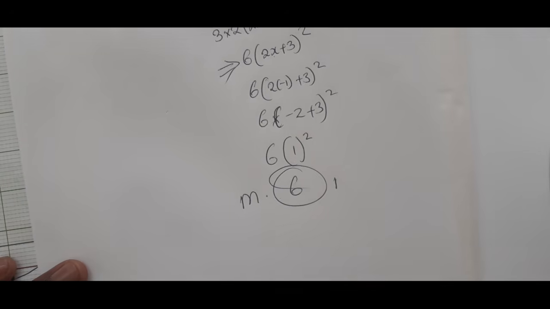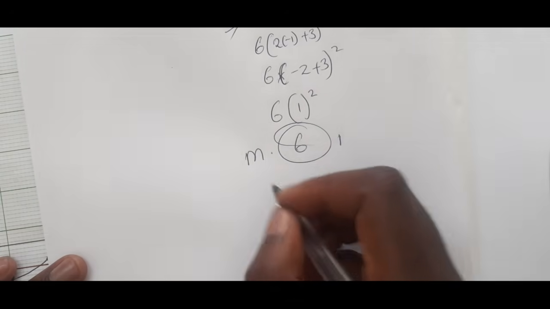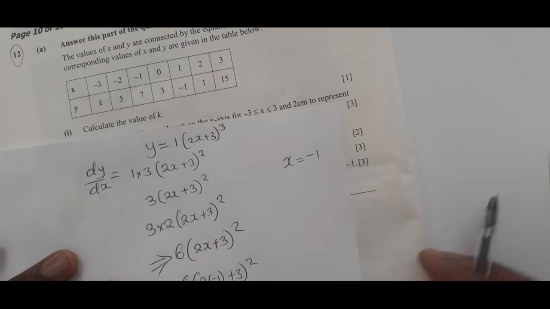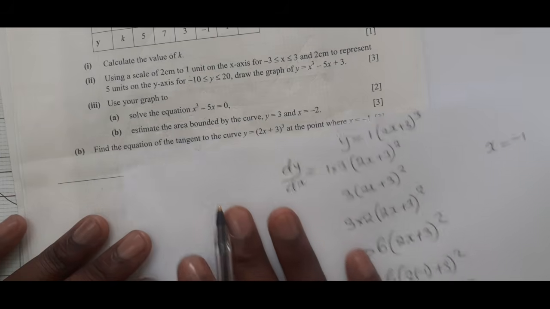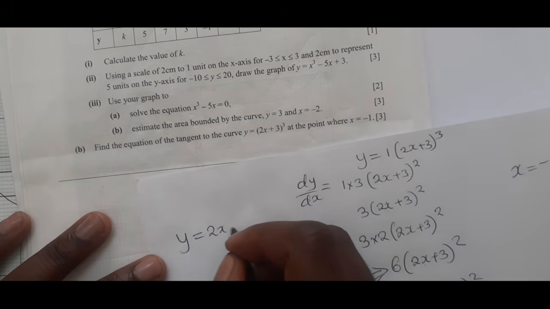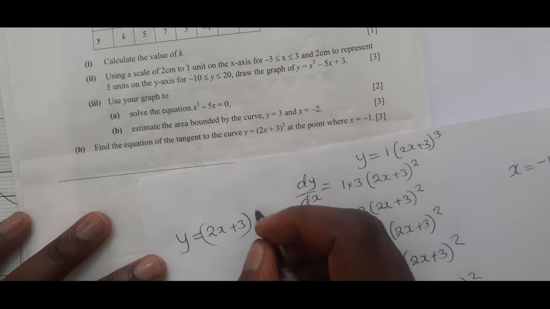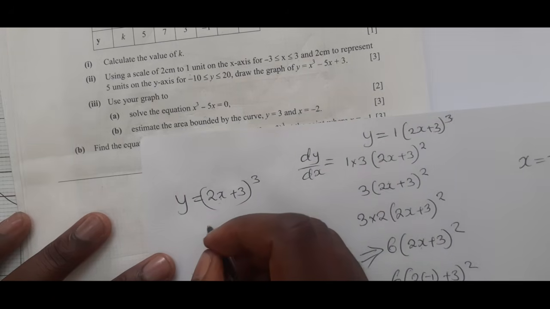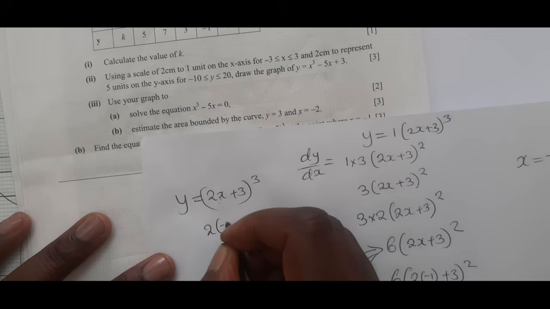But take note that to write the equation, we don't just need the gradient. We also need the x coordinate and the y coordinate. So we can go back to the original equation, which is y equals (2x + 3)^3. We replace x with -1.